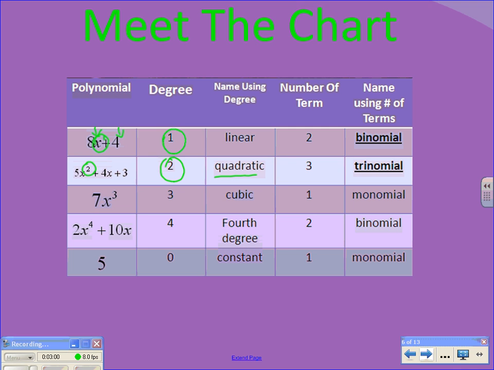And there are 3 terms, so it's trinomial because it's 3. And if this one has no x, it has no variable, so it's just constant. And it's monomial because it only has 1 term.